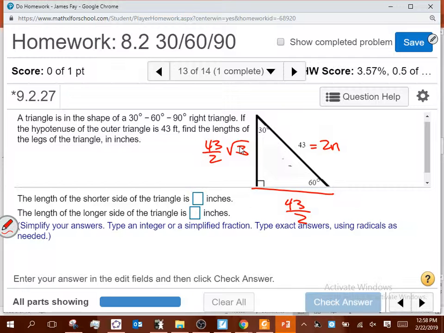Oh, we're missing something here. See how it says 43 feet? And this is asking in inches. So everything we just found was in feet, so you've got to multiply that by 12. So you're going to figure out what 43 times 6 essentially is. The reason they're doing that is because it's going to get rid of the fraction for you.